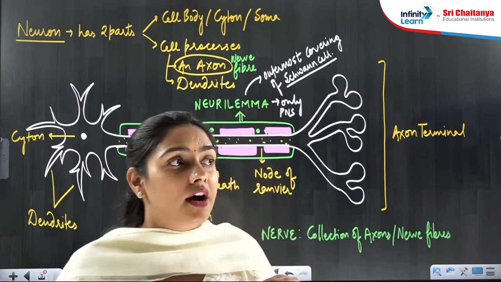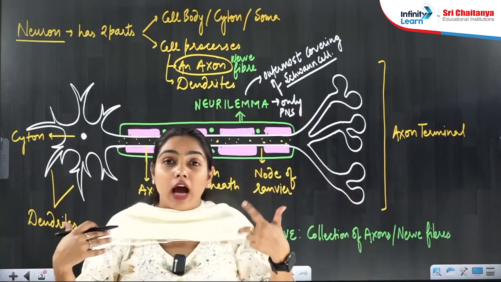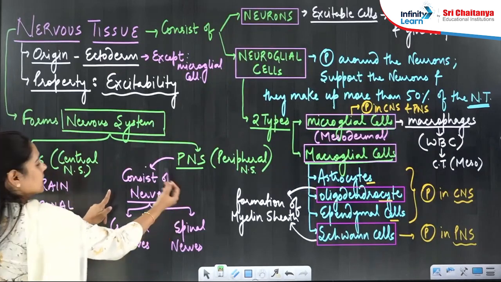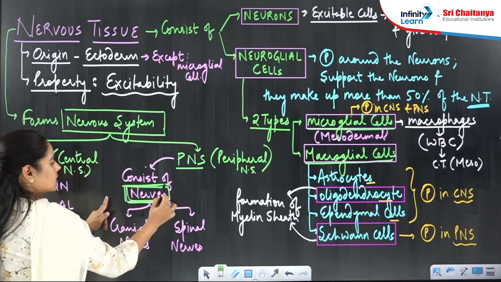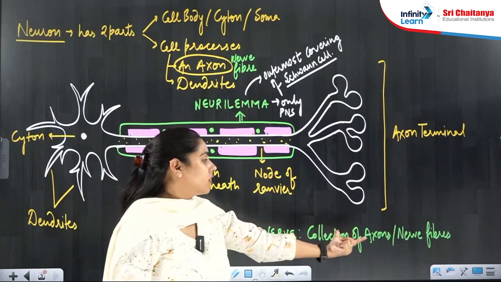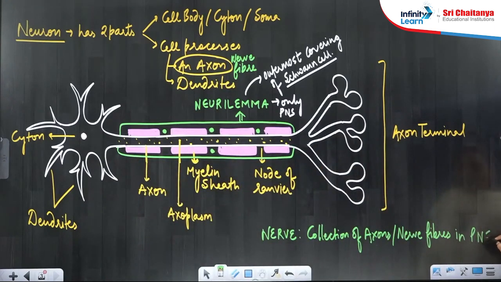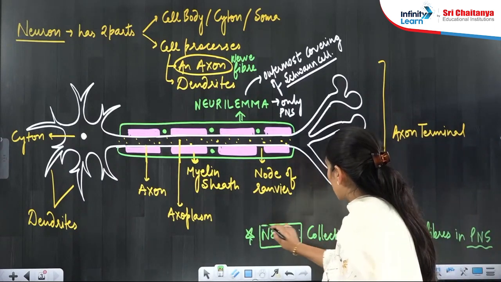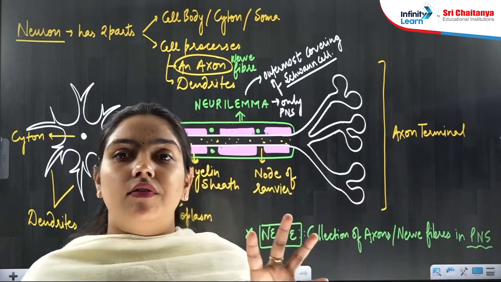You will find nerves in the PNS. The PNS consists of nerves, and these nerves are formed by the axons of neurons. A nerve is a collection of axons or nerve fibers in the PNS. Very important.